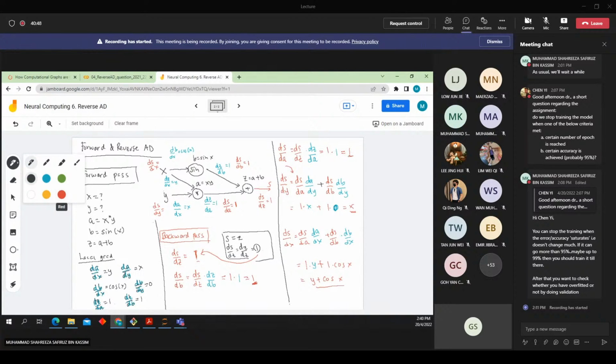And what do we have here? We have x over here because of this guy, and we have y plus cosine of x. So just by seeding 1 at the end of the computation graph, you can compute both of these partial derivatives automatically.